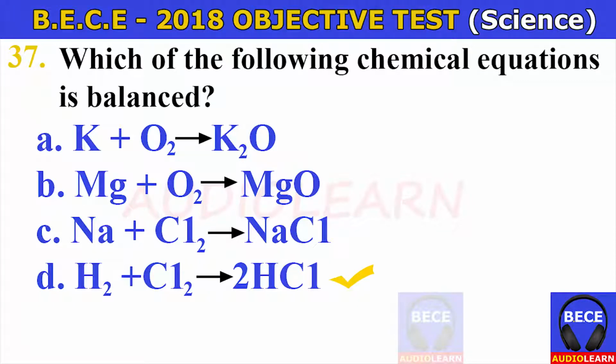C, Na + Cl2 → NaCl. D, H2 + Cl2 → 2HCl. And the correct answer is D, H2 + Cl2 → 2HCl is balanced.